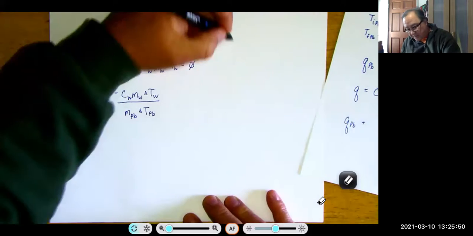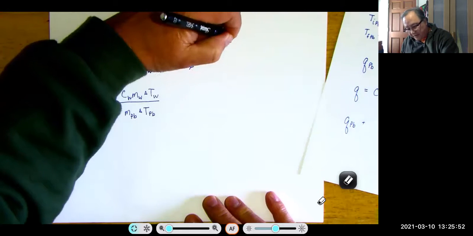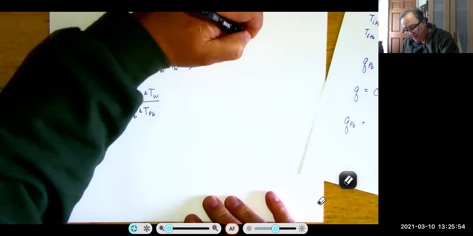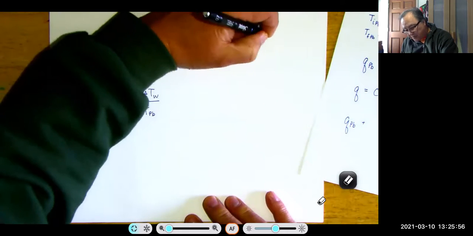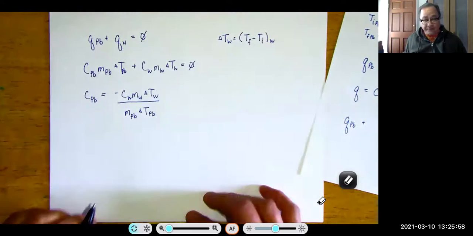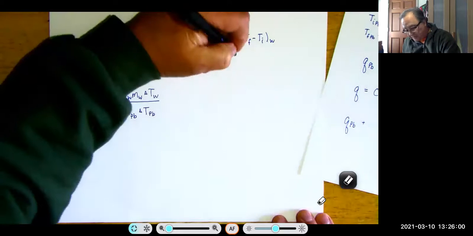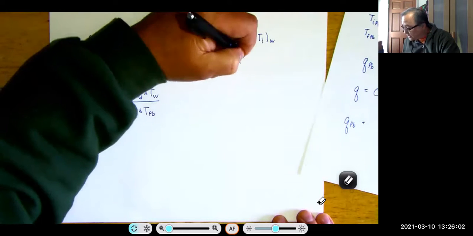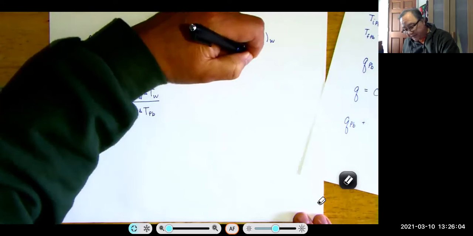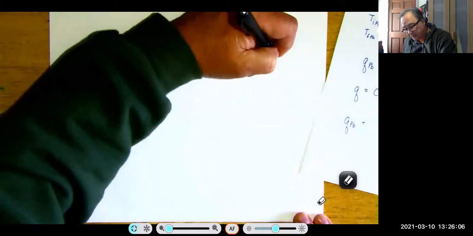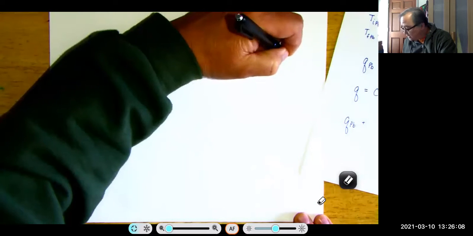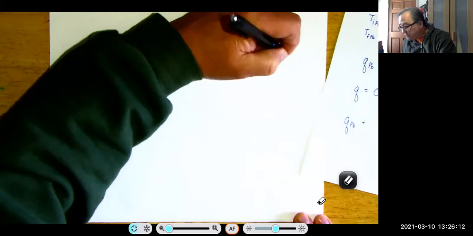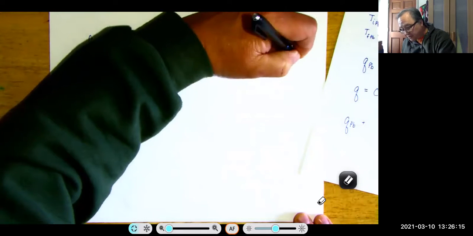So the change in temp of the water is going to be the T final minus T initial. And I'm going to put W out here for the water. The initial temp of the water, well, the final temp is 26.32 degrees Celsius. The initial temp is 25.0. Oh, I'm sorry, 22.50 degrees Celsius.